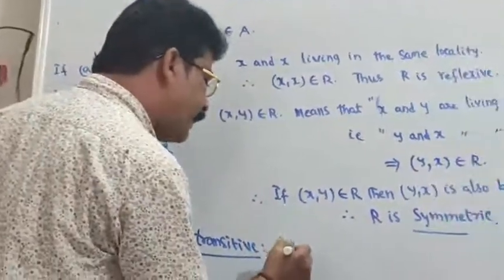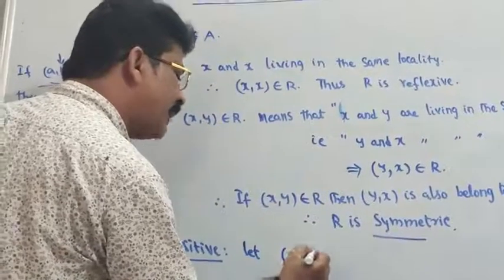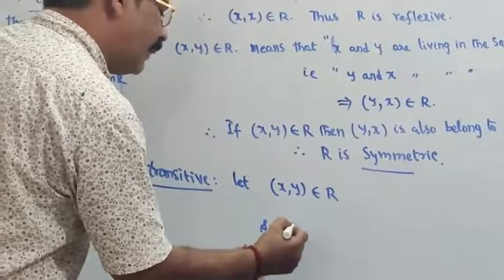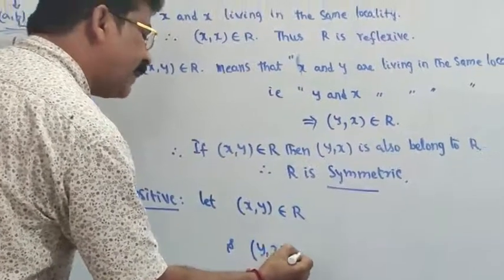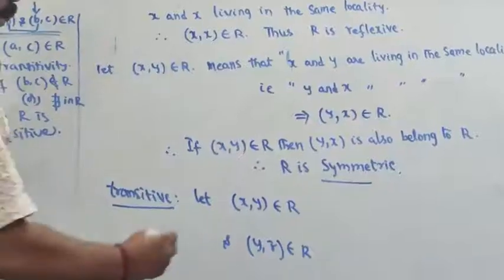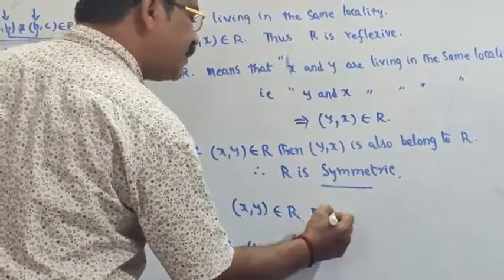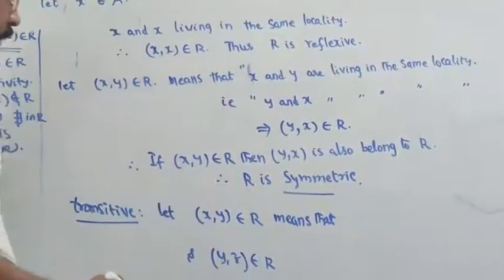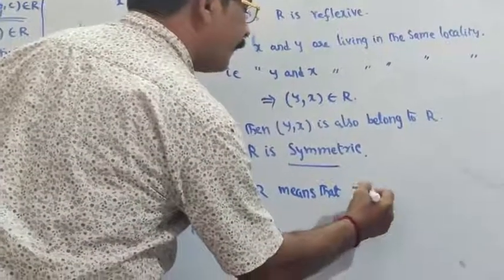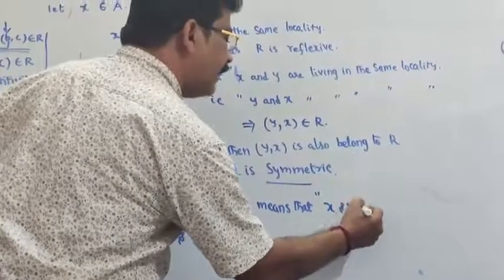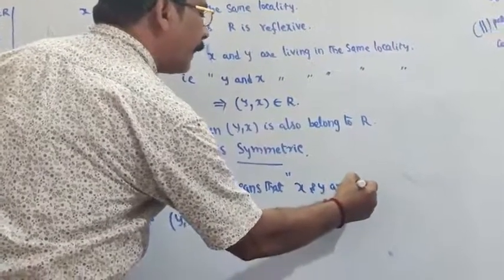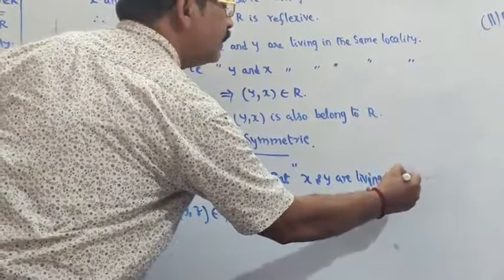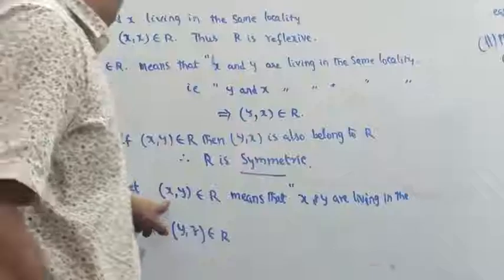For this we assume these two elements in capital R. Let X comma Y belong to capital R and Y comma Z belong to capital R. So what does it mean? It means that X and Y are living in the same locality.